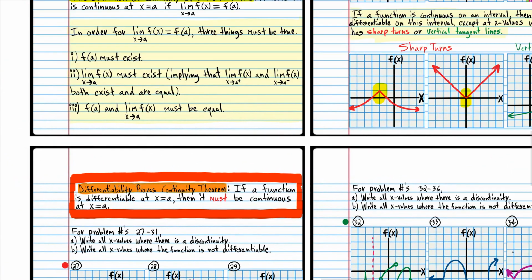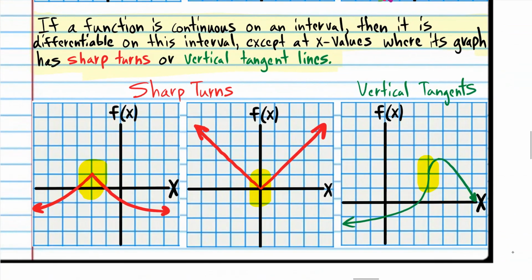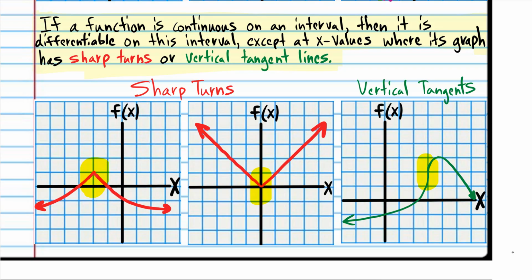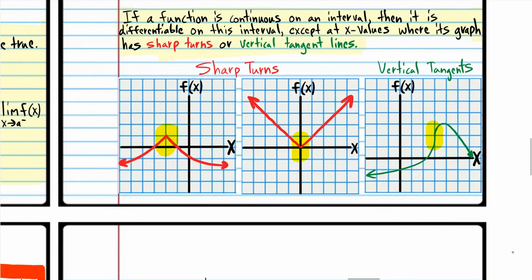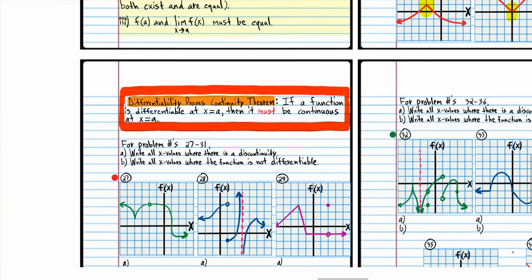Now, it's not true that if a function is continuous, that then proves that it's differentiable. That's not correct. We just showed that. These functions are all continuous pretty much everywhere, but they're not differentiable. So if a function is continuous, that doesn't mean that it's differentiable at some x value.